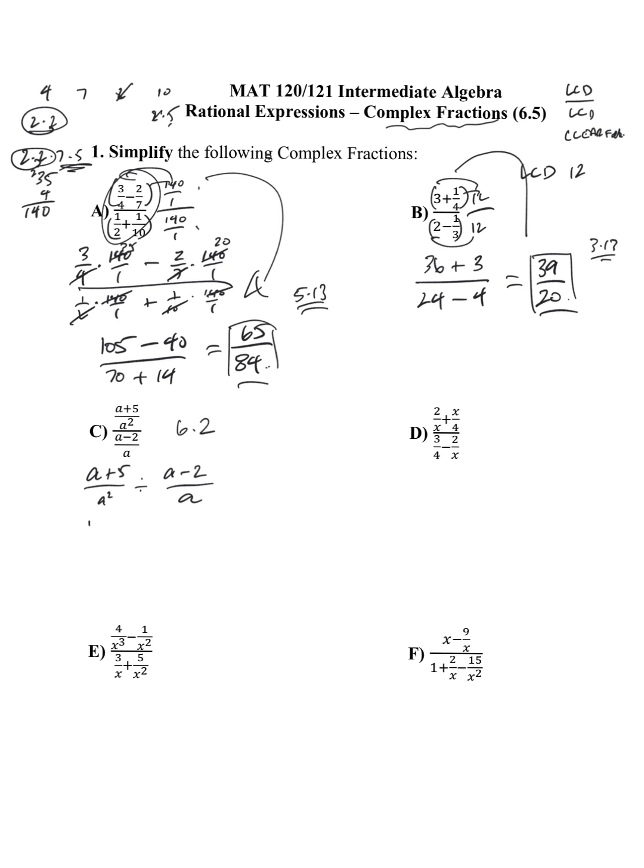So we learned back in the day to do that, we simply multiply by the reciprocal. This a will divide out with an a down there. So it looks like we have a plus 5 up in the numerator and a minus 2 down in the denominator.